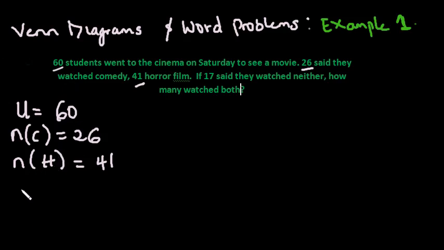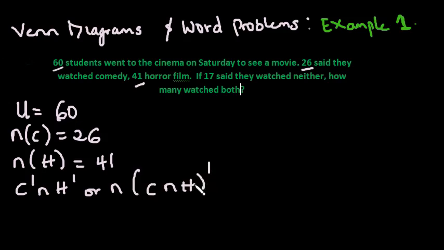And we can say that will be our C complement intersection H complement. Or we can write it as number of people who didn't watch any of the two types of movie equals to 17. How do we show that on the Venn diagram?